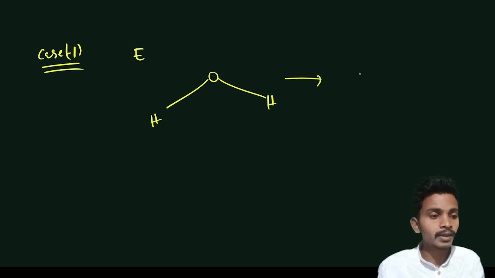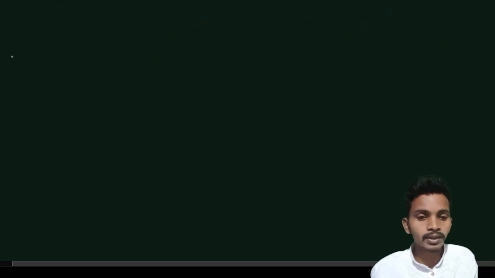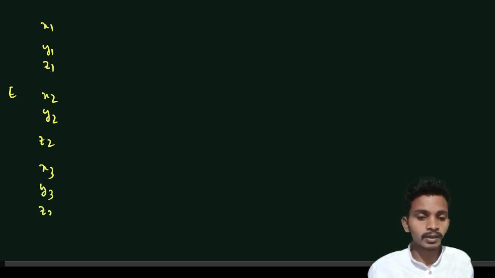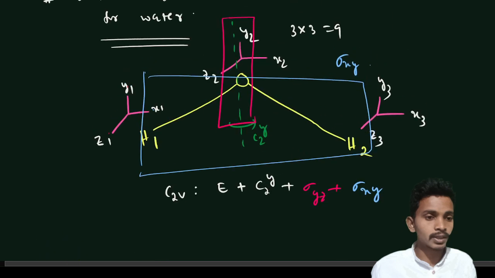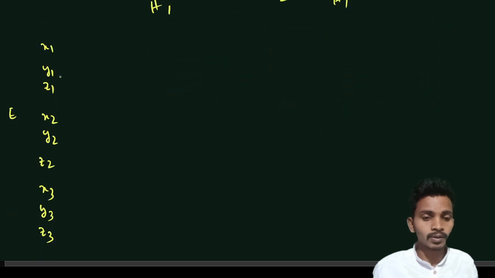It is the same water, this is H1 and this is H2, so nothing will happen. In the coordinate system also, if I apply E, I have to give the 9 coordinates: x1 y1 z1, x2 y2 z2, x3 y3 z3. That's why I mentioned all of them.